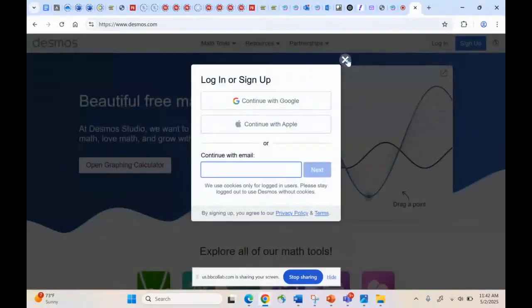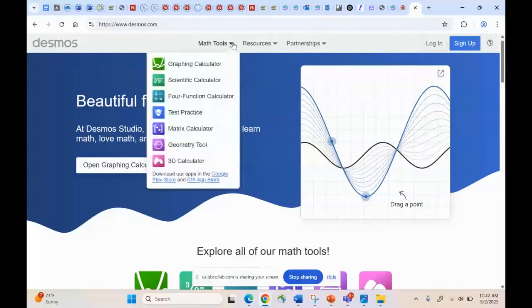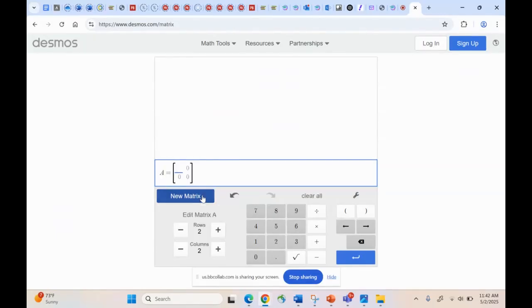You don't have to log in to use this, but if you go to Math Tools, you'll have a matrix calculator. If you click on it and click New Matrix, here you can make it bigger or smaller.